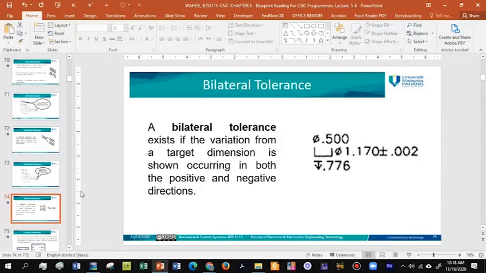For example, here you have 1.170 plus minus 0.002. That means this diameter can change from 1.172 to 1.168. So it gives you a margin for change for this dimension.